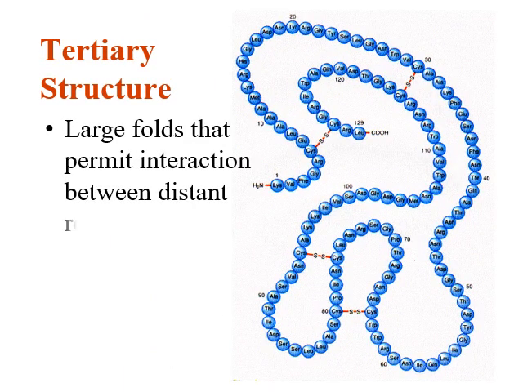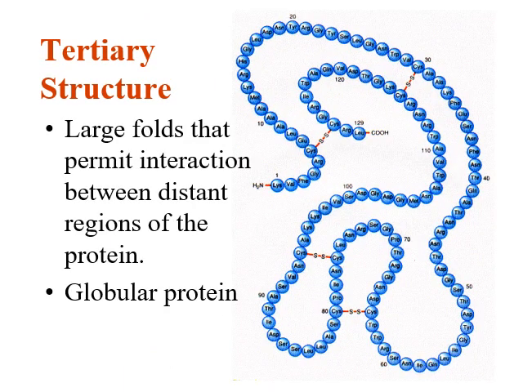Many proteins have a third level of structure known as a tertiary structure. This is due to the interaction of the side chains of amino acids located distantly along the polypeptide chain. And this produces large folds in the protein that can create a globular structure or spherical protein. You can see here one of the major glues holding this protein together in its three-dimensional structure are disulfide bonds.